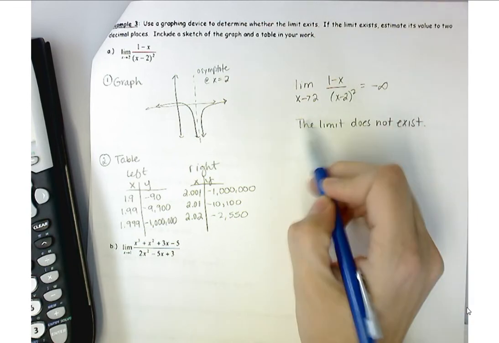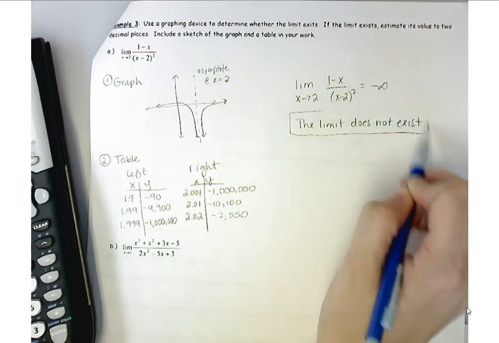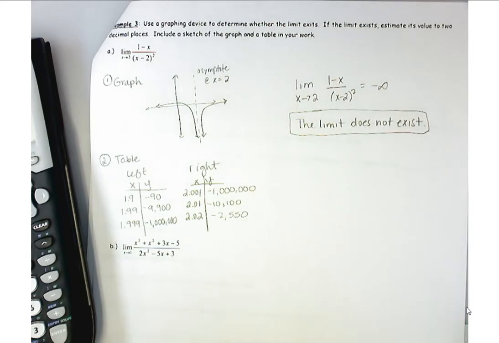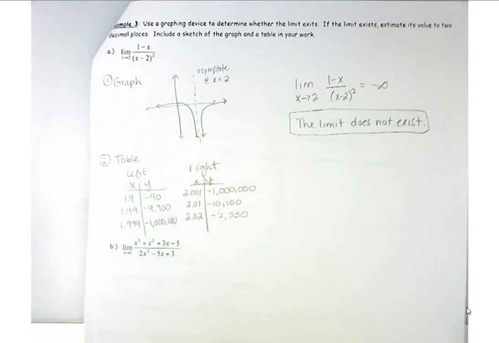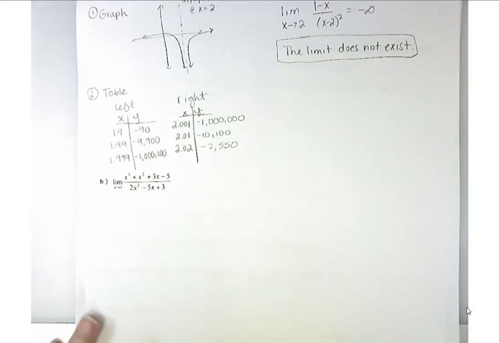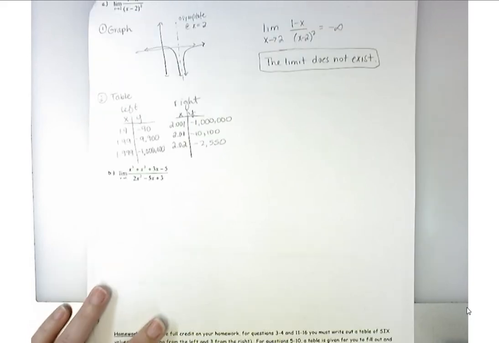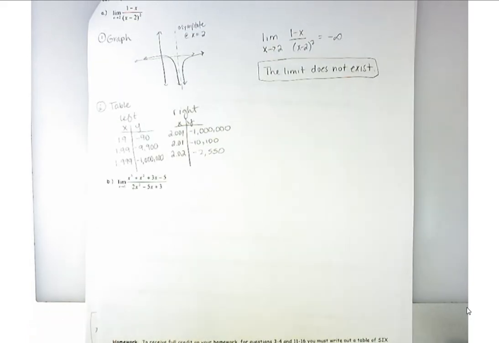Okay, so if you see that you're approaching infinity or negative infinity, we would say that the limit does not exist, again, because infinity is an idea and not a fixed value. Okay, and then we're going to graph B.